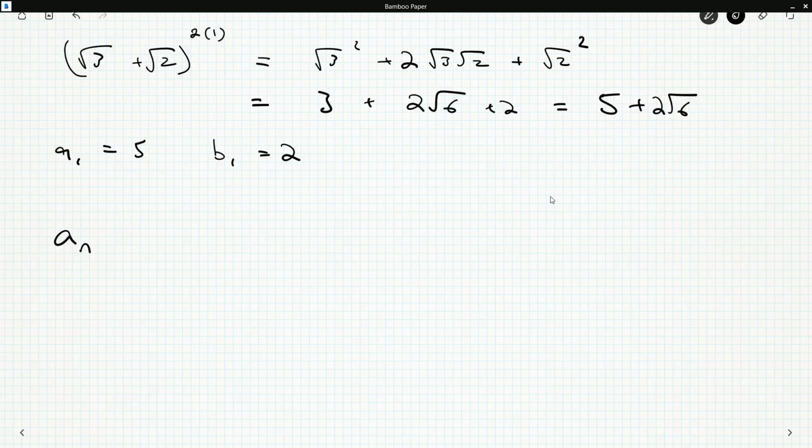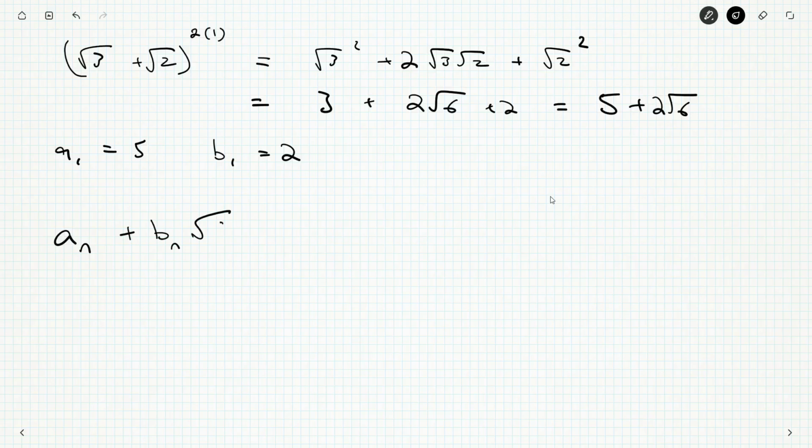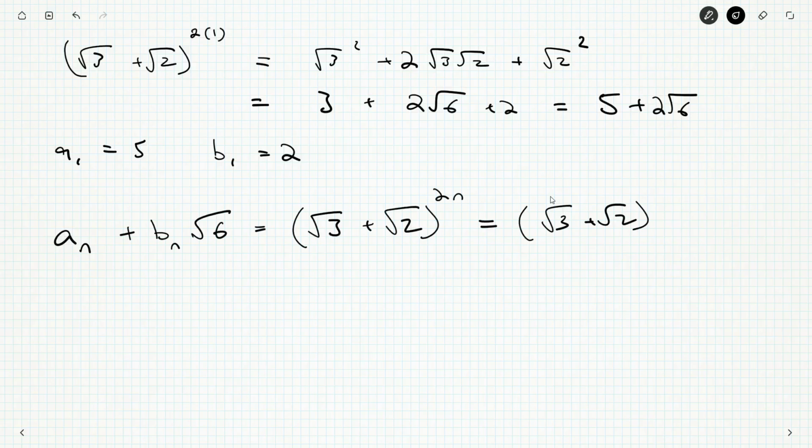Okay, but the thing to note is an plus bn root 6 is root 3 plus root 2 to the 2n, but using my rules of exponents, that's this thing squared raised to the n again.